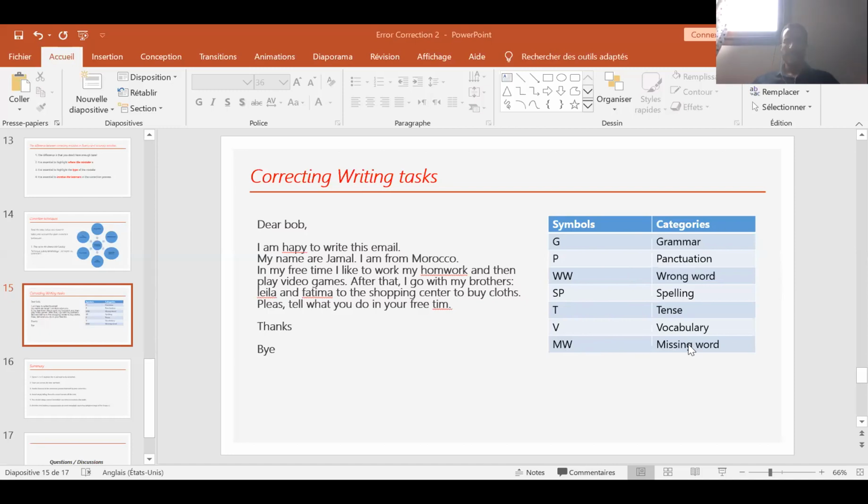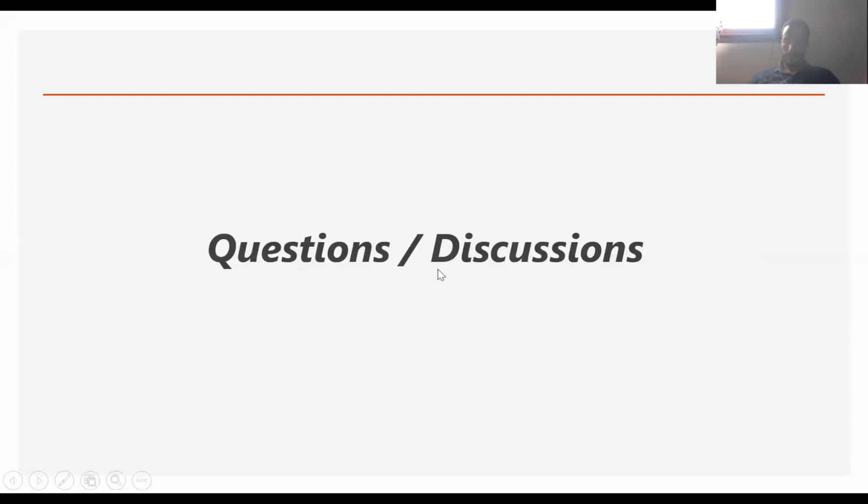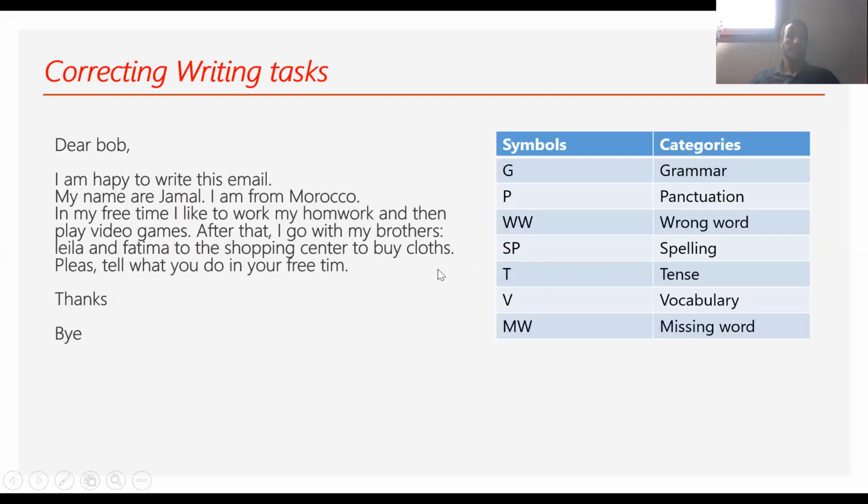Okay, so you can teach students giving them codes or symbols, because when you correct students' mistakes, you don't correct the whole answer, but you just underline and you write the symbol, G or P or W. There's an example here. This is an example. Dear Bob. What's the mistake?